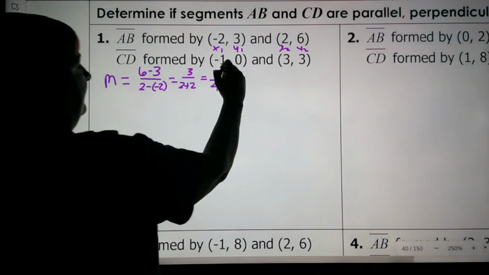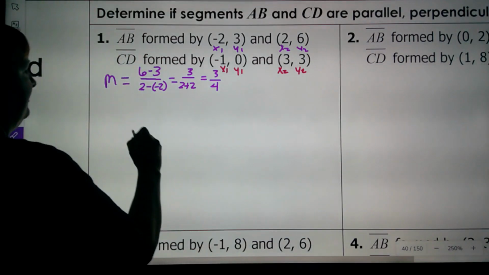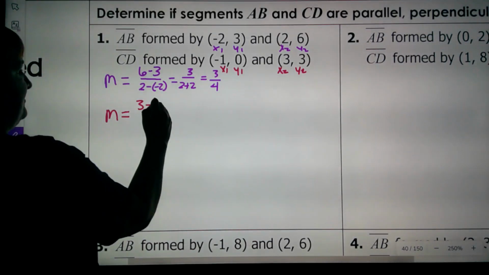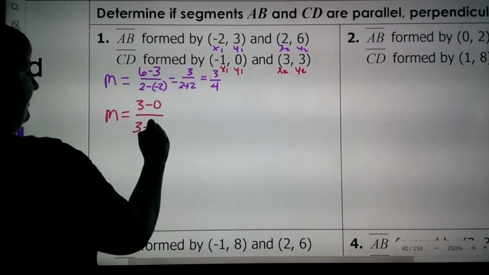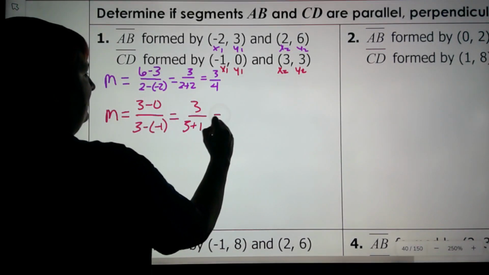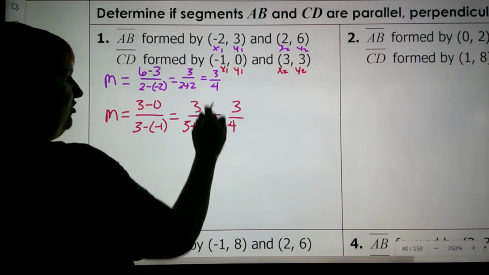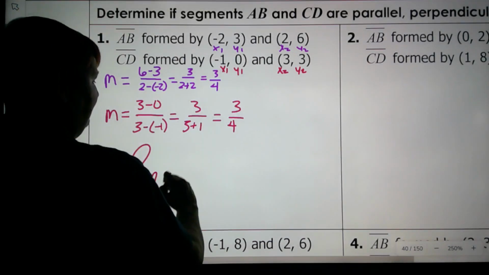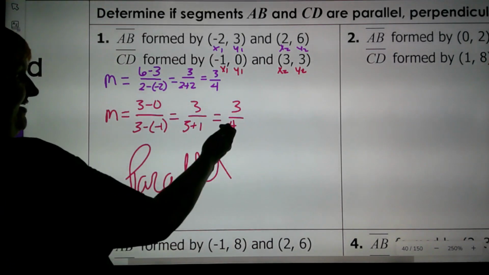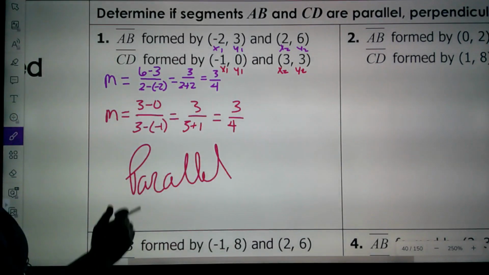The slope for CD is 3 minus 0 over 3 minus a negative 1, which is 3 over 3 plus 1, which is 3 over 4. They have the same slope, both positive 3 over 4. They are parallel.